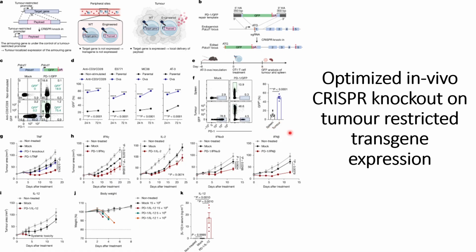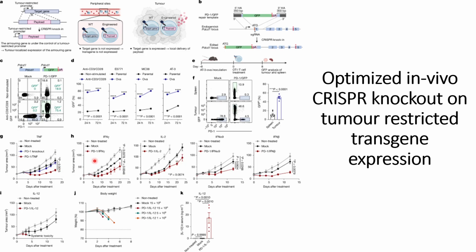Once validating their system with GFP, they wanted to check whether it can work for actual transgenes that are important to tackle the tumors. In this case, they used different cytokines. First, they used TNF, and they saw that when they used PD1 TNF, the tumor areas were on the lower side.